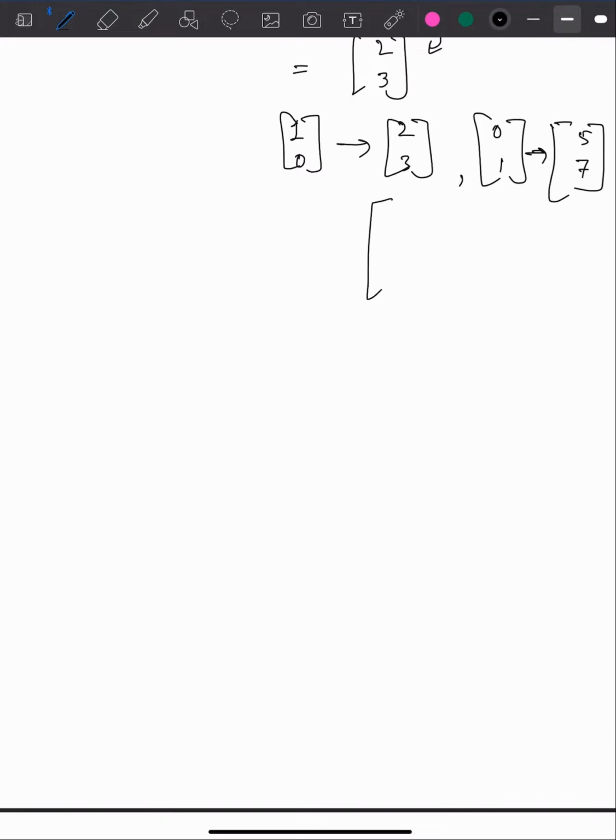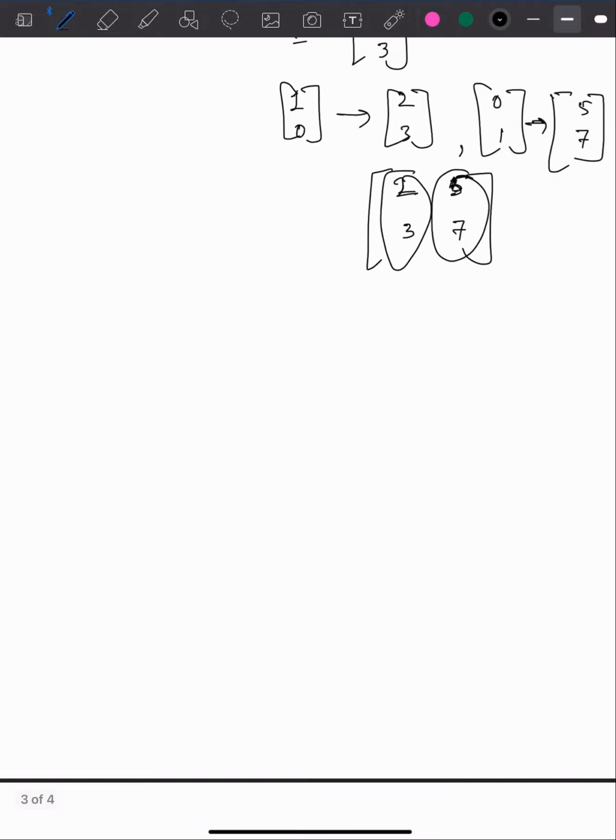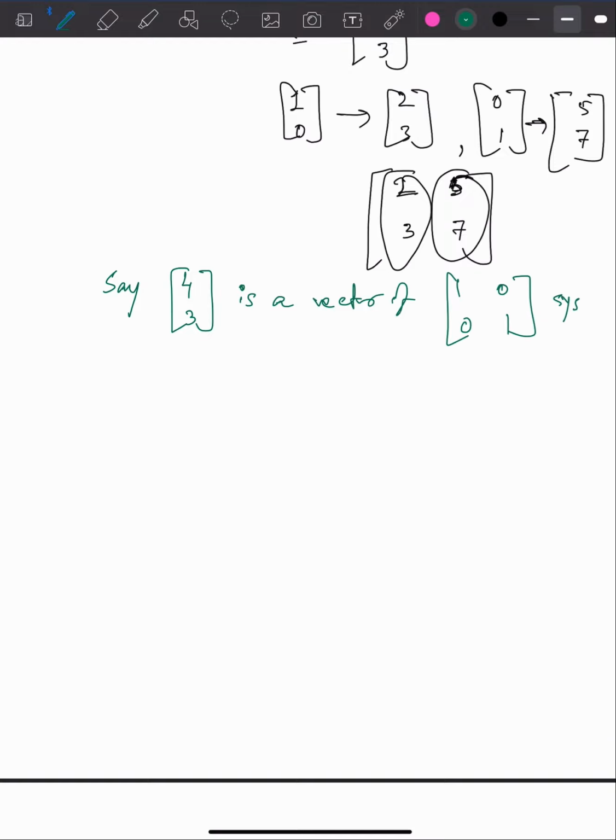Now the new basis system, or the transformed system, would be this one. So these two would be the basis vectors of the new transformed system. Now say a vector in the previous basis system, let me write it for you, say 4 3 is a vector of the 1 0 0 1 system.